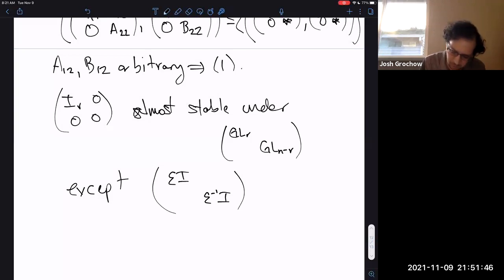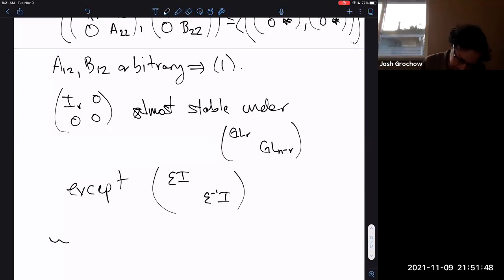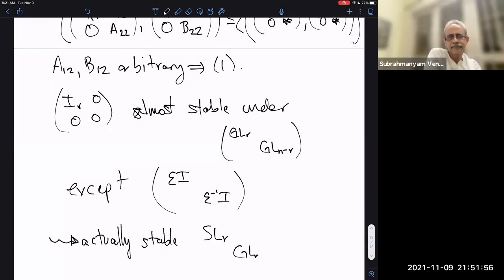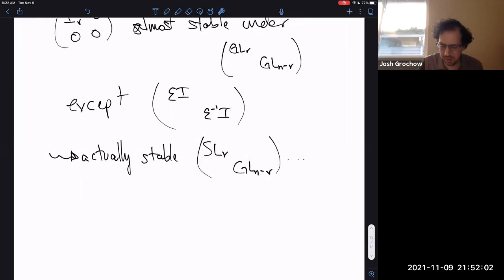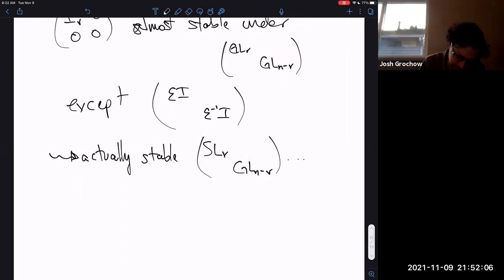To do away with that, it's actually stable if I just make this SL. So this is now a reductive group, and its rank is 1 less than this Levi subgroup. So this is reductive. Delta equals 1.